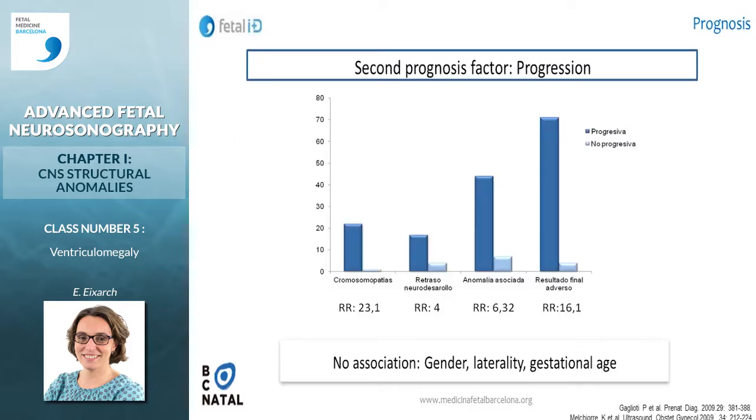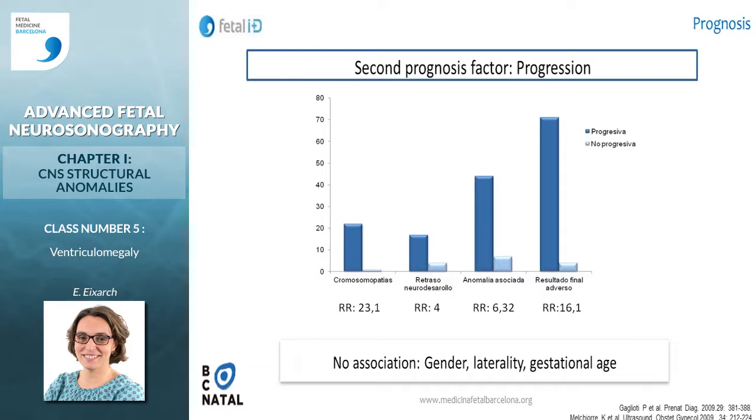But there are other factors. The second important prognosis factor will be the progression. We know that when a ventriculomegaly is progressive, we'll have a poorer prognosis: the rate of chromosomopathy will be multiplied by 20, the rate of impaired neurological development will be multiplied by 4, the rate of associated anomalies, and finally, the adverse perinatal outcome is multiplied by 16.